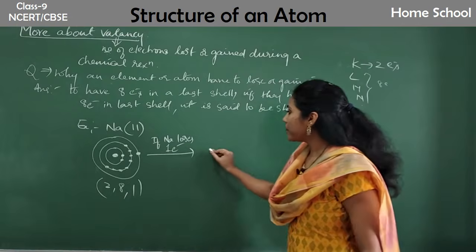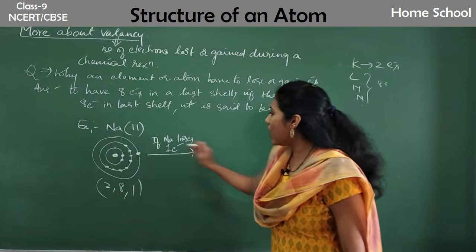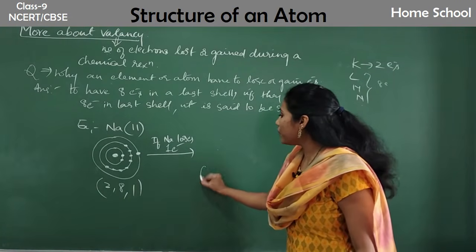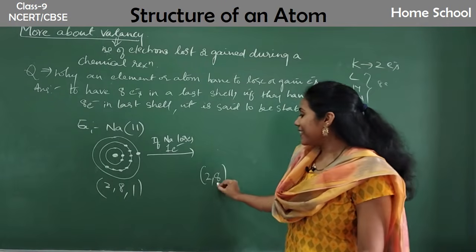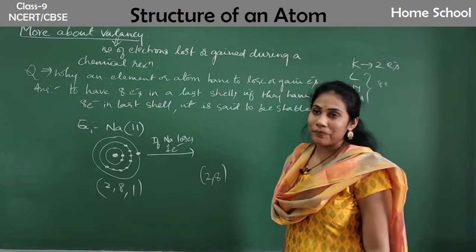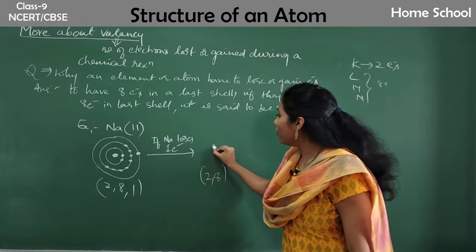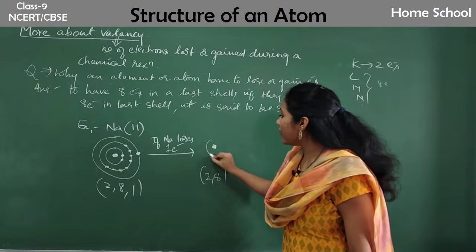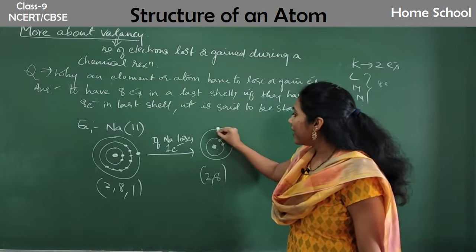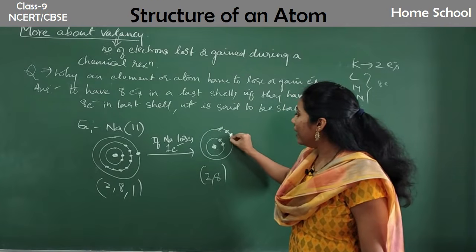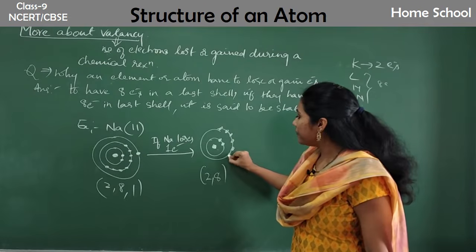If this electron is lost, then its electronic configuration will become 2, 8. Okay, then in that case it is said to be highly stable. Clear everybody? So now after losing 1 electron, what is the structure you will write? 2 electrons are there in the first shell and 8 electrons are there in the second shell, isn't it?